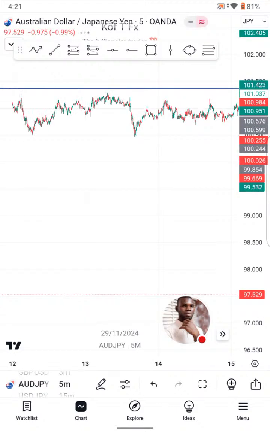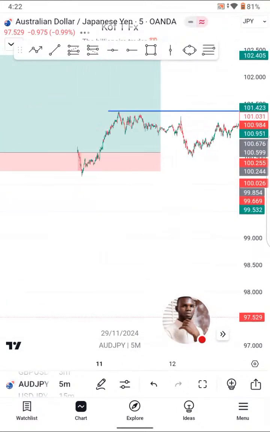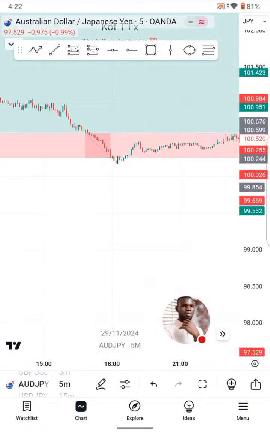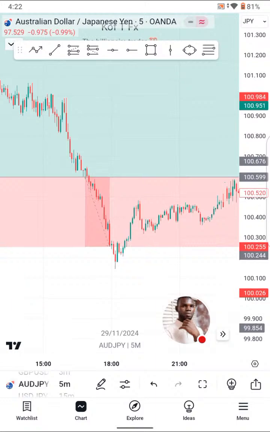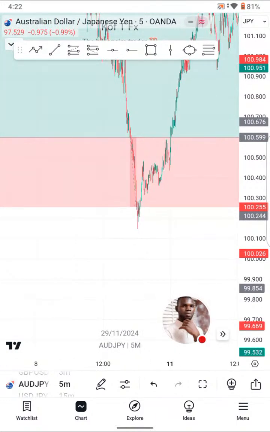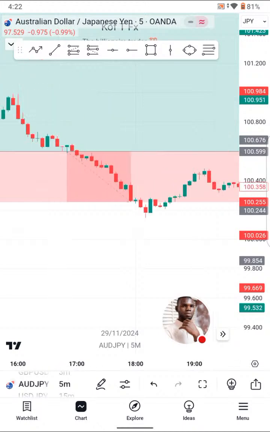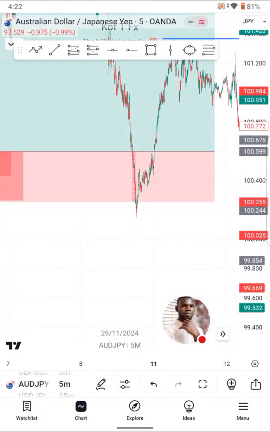Maybe tomorrow I'm going to share my market outlook to show the pairs I will be looking out for in the new week. As you can see, there is no confirmation here. So with this, I'm not going to take the trade. So I won't have taken this trade, since I used confirmation entry. Can you see?